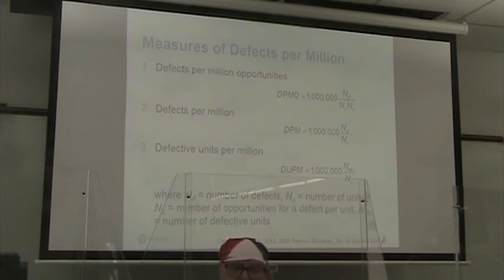Then we talk about defects per million. In that case, it's 1 million times the number of defects divided by the number of units. Then we talk about defective units per million, or DUPM, which is 1 million times the number of defective units divided by the number of units.